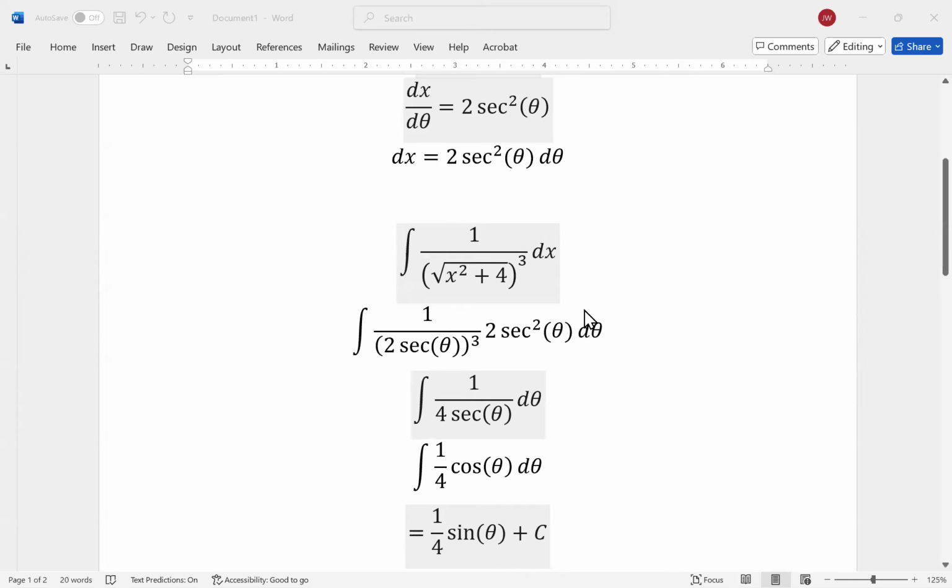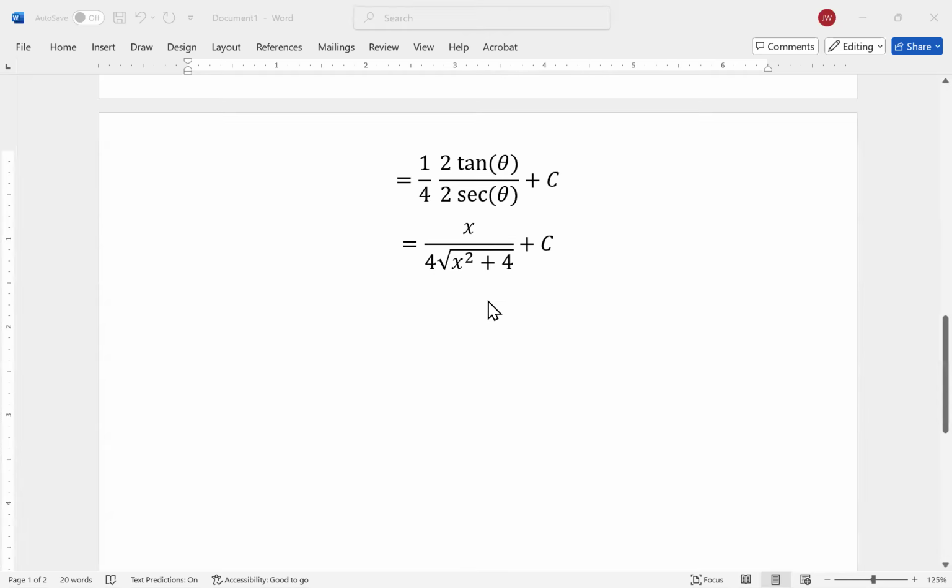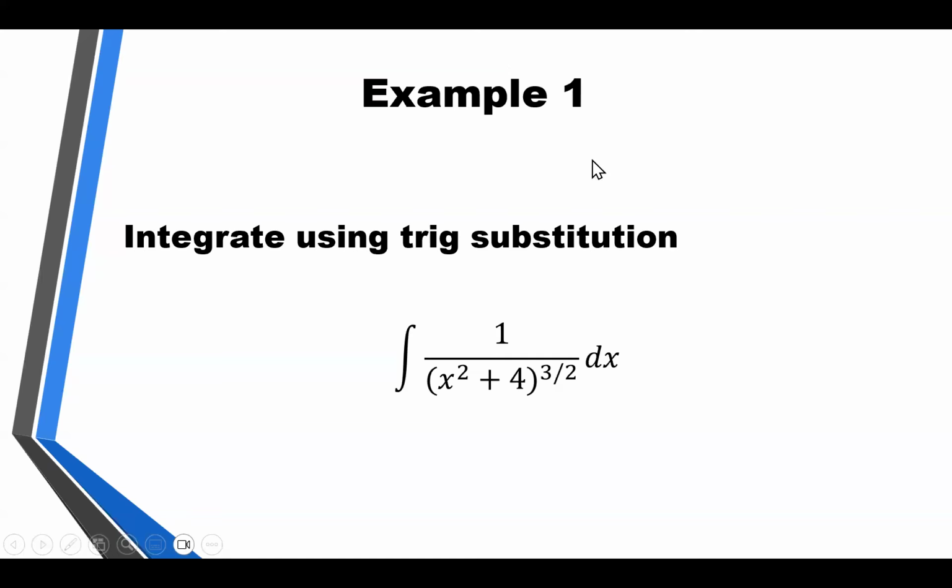If we integrate 1 over x squared plus 4 to the 3/2 power, we end up getting x over 4 times the square root of x squared plus 4 plus c. So that's the basics of how trig substitution works.